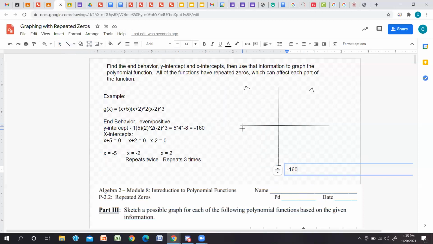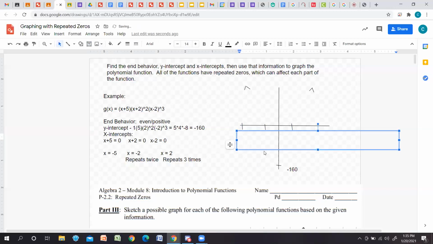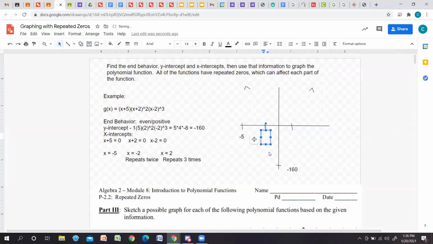Notice the scale is not the same on the x and y. That's all right. Negative 2 and 2. So we just mark each one.